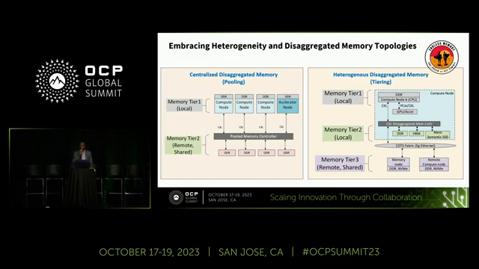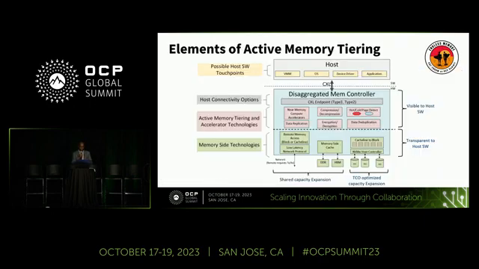It still shows up as a single system memory NUMA node, and it is that concept that allows you to seamlessly integrate different heterogeneous memory technologies without having the application or the host to know its exact implementation.